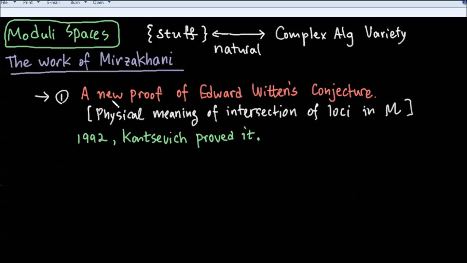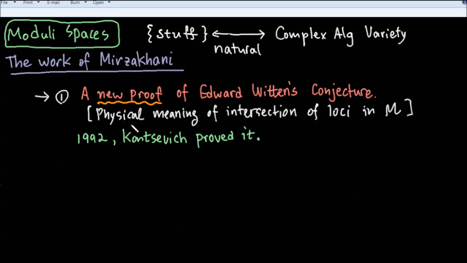After that work, she used this framework, this trick of counting things using the moduli space, to come up with a new proof of Edward Witten's conjecture. I don't really know this, but I'm just copying from a note that was very well written.